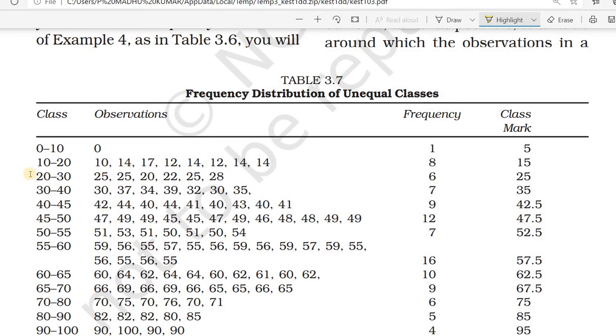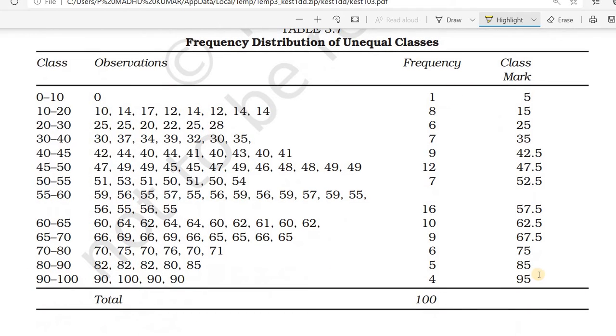Here you can see 0 to 10 and its frequency, 10 to 20, up to 100. If you take 80 to 90, the frequency of the class is 5.